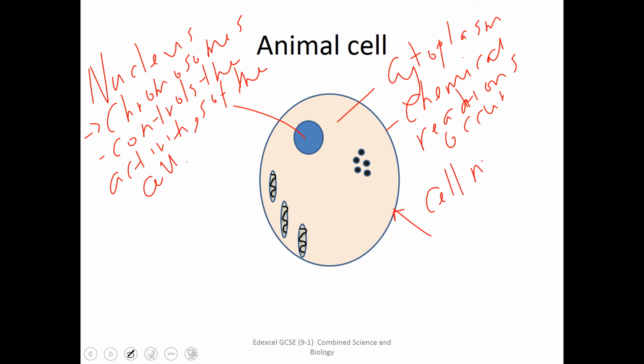The cell membrane is important in controlling the entry and exit of substances. So it's basically controlling what leaves and enters the cell.